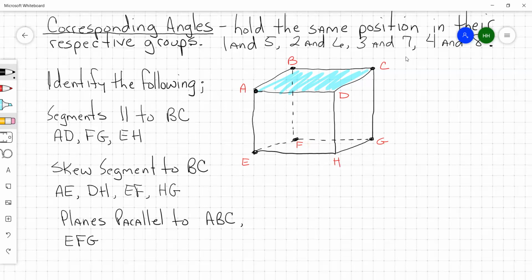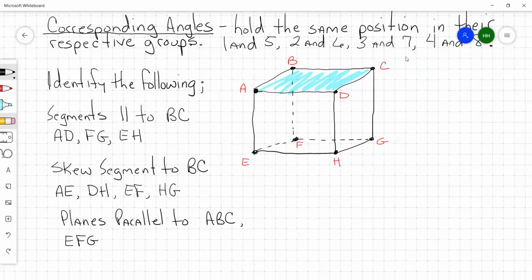All right, so parallel to ABF. What's a plane parallel to ABF? Say again. DCG, good. So you've got left side parallel to right side. All right, the front of this box, you could describe it as ADH, parallel to ADH.